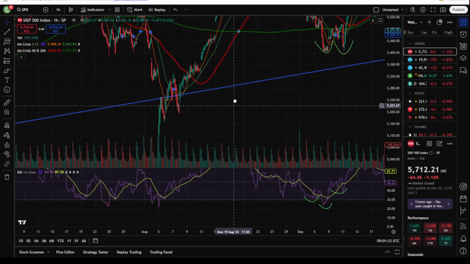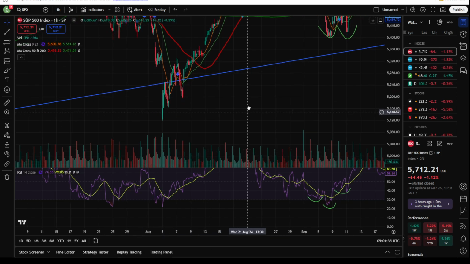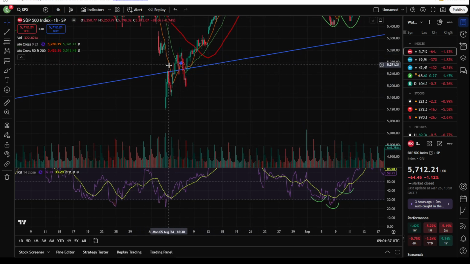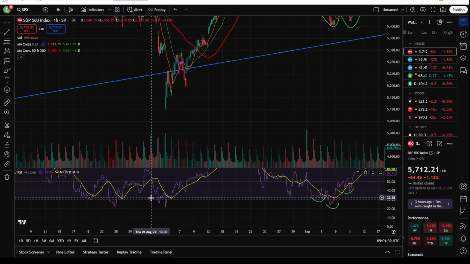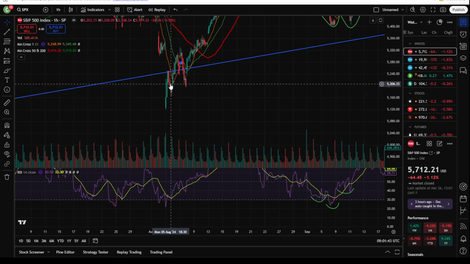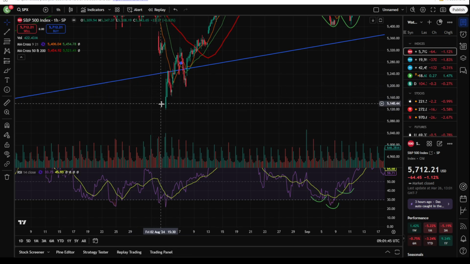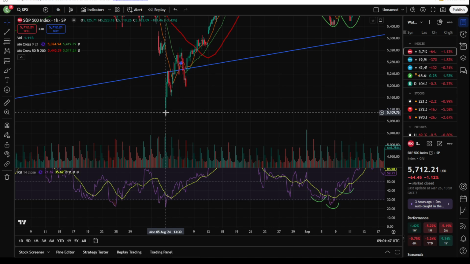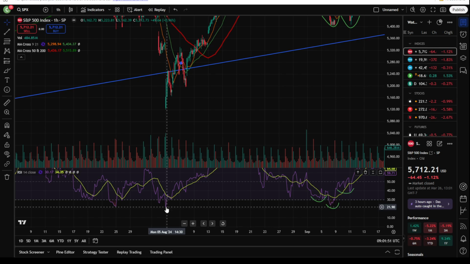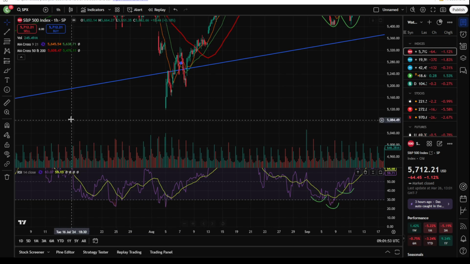Again, I don't know what this is, but you have a really bad fall here, and that puts the RSI at a low price.